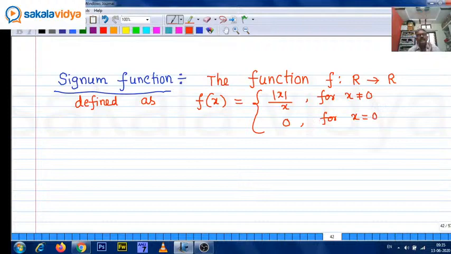So why should we call it the signum function? The mod x may be plus or minus x, so plus or minus x divided by x will be 1 or minus 1, and the function value is 1, minus 1, or 0. Understood now?